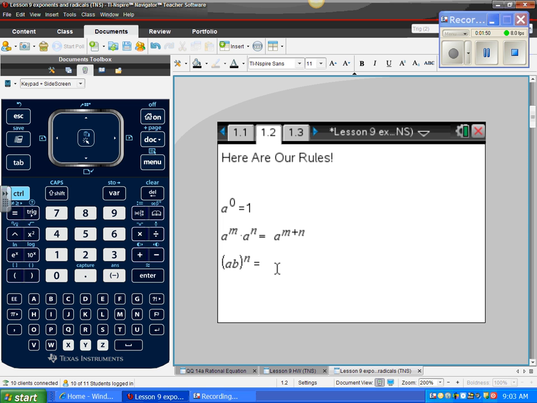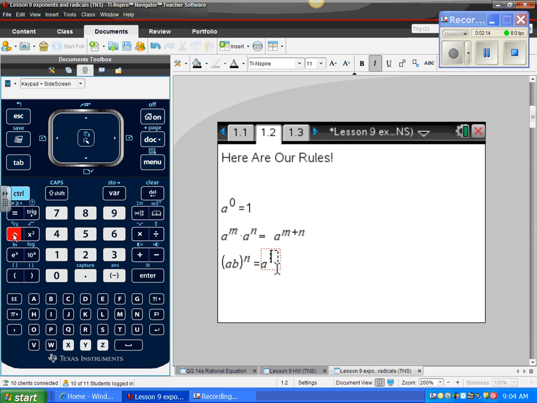Okay, a times b raised to the nth power. Any ideas, guys? Awesome. Yep, you have to make sure you raise everything in the parentheses to the exponent.